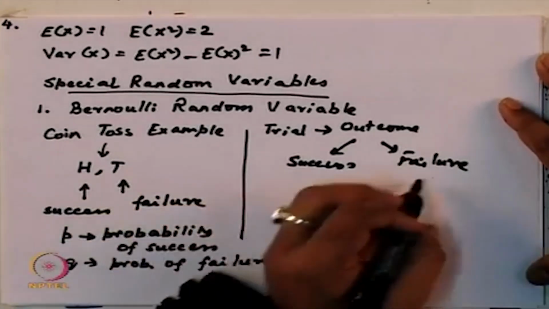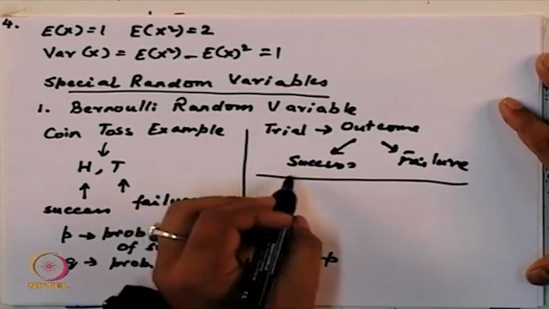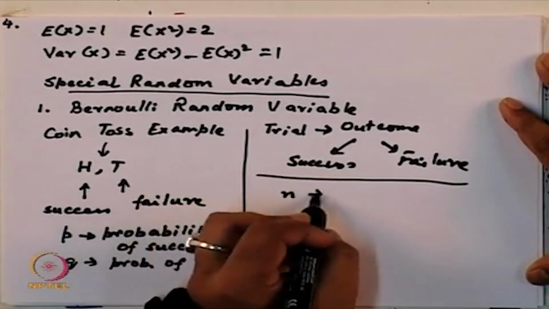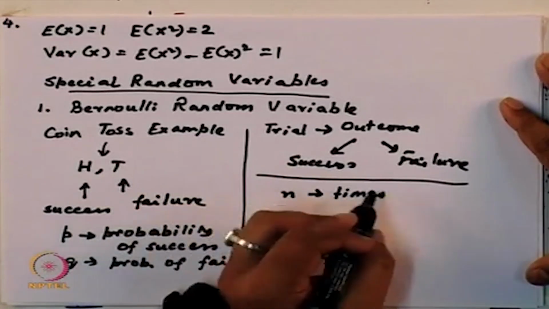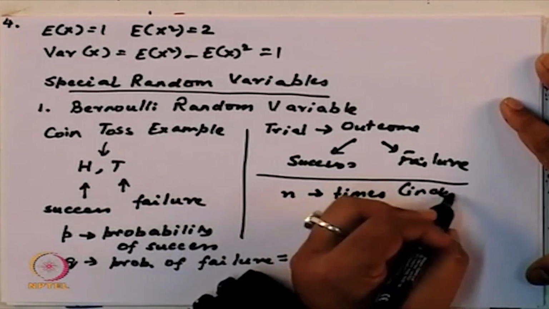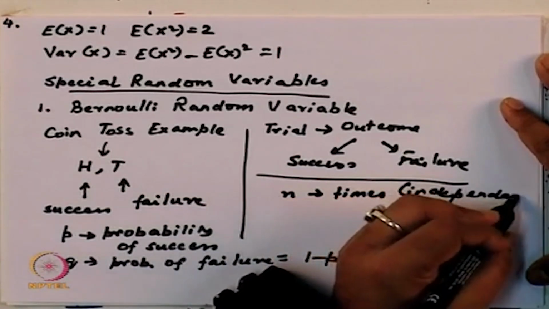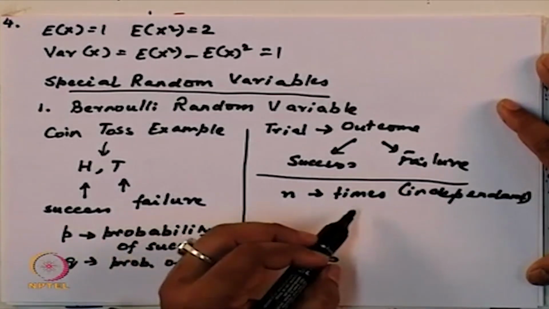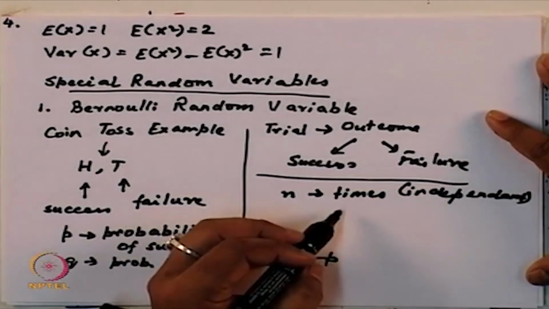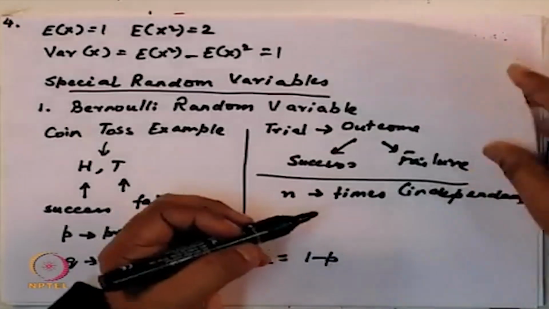Now imagine you keep repeating the same trial n times, independently. The outcome of one trial does not influence the outcome of the next trial, and so forth.